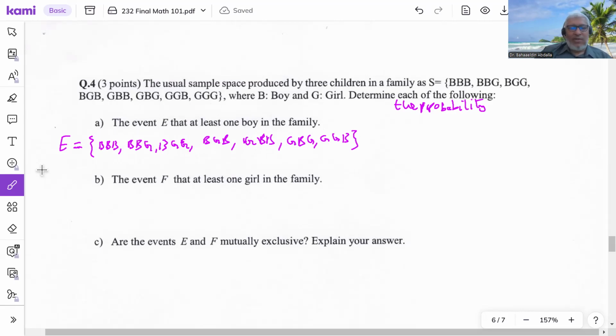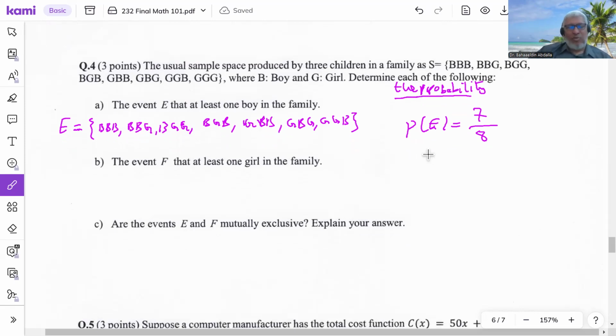So if he asks about E, this is the answer, but in fact, he's asking about the probability, but he forgot to write this word, determine the probability. So probability of E would be how many outcomes here, 7, and how many outcomes in the sample space 8, so the probability is 7 over 8. At least one girl in the family.